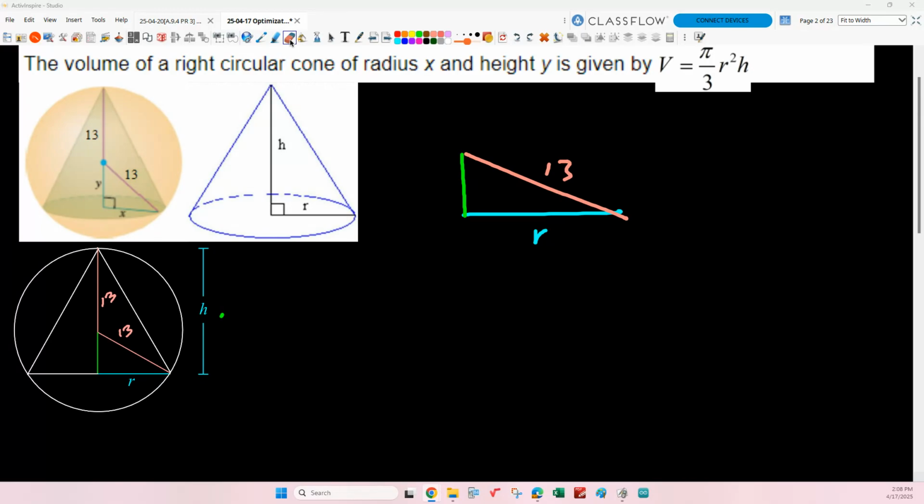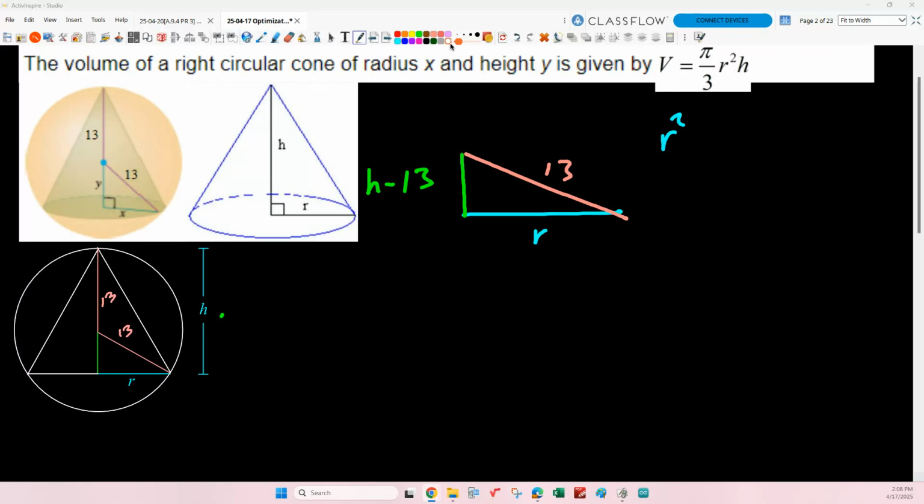So what's that give us for our secondary equation then? So what is it?